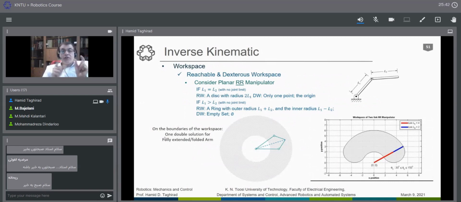If one point of this is within the workspace and one point is not, it means that the boundary is somewhere in the middle. And then using the bisection method, we can make it smaller and smaller to find the boundary of the workspace.